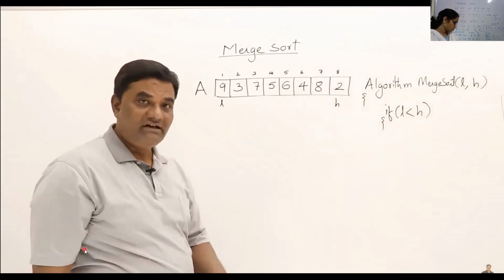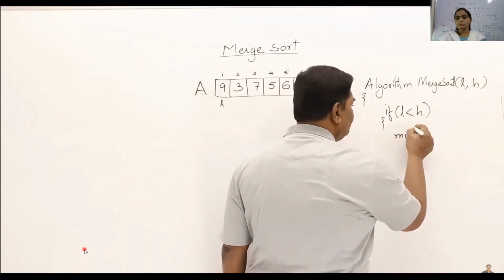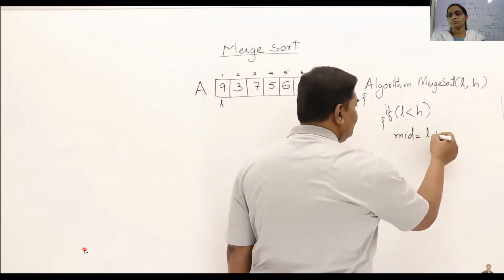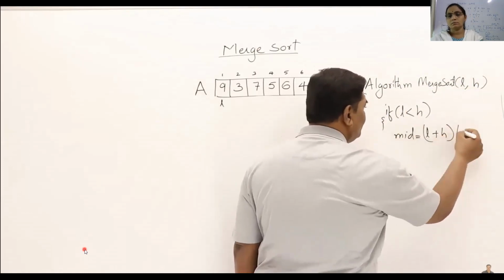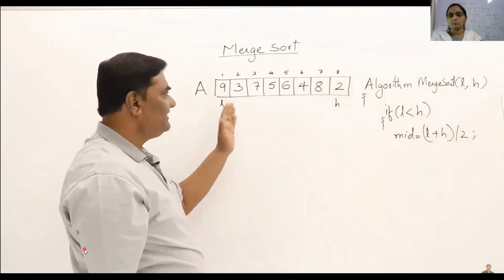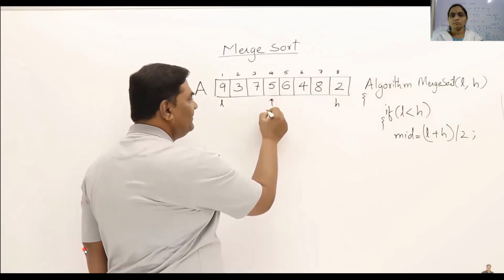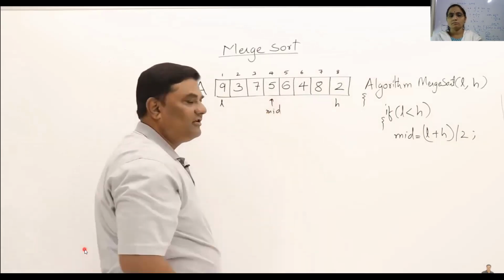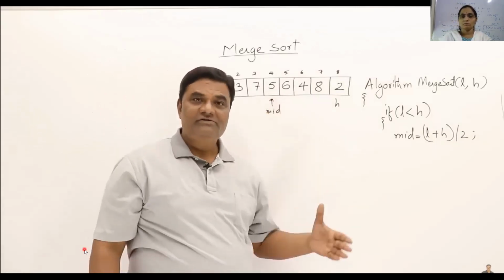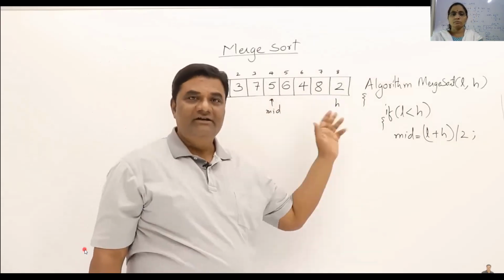So the list is large. If low is less than high, then we find mid, that is low plus high by 2. Like 1 plus 8 by 2 is 9 by 2, which gives 4. So this will be mid. Why? Because this problem is large, so we break it into two subproblems. That's why we find mid.